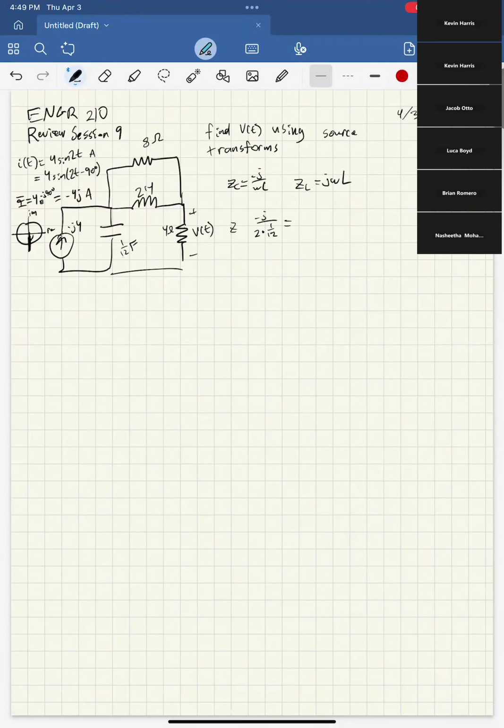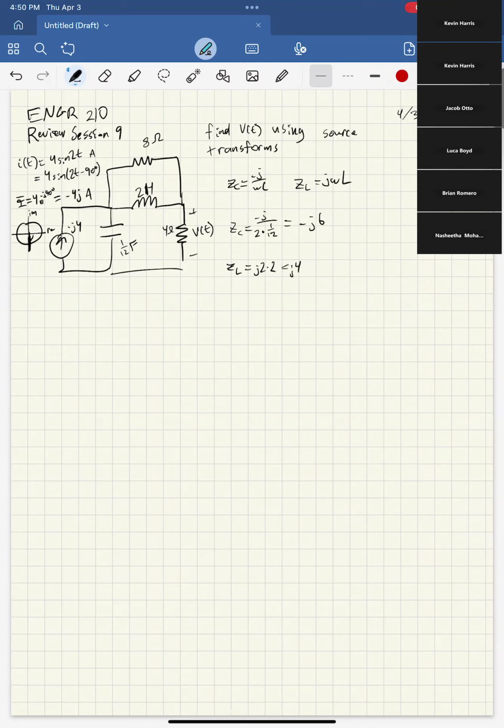So Z of C equals negative j6. Pretty straightforward. For the inductor, it's j times 2 times 2 henries, which is 4, or j4.